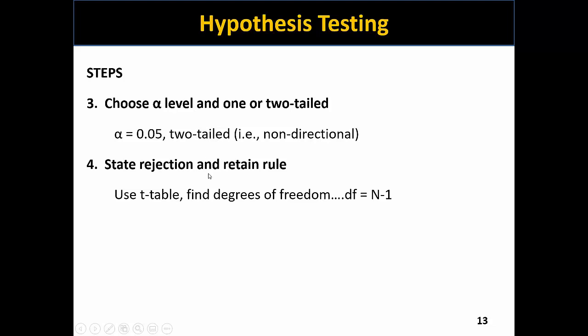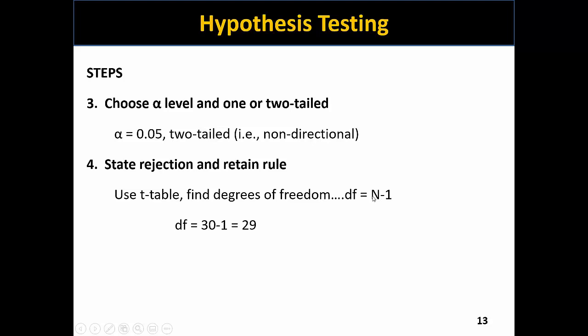Now this is a little bit different than the z-test. When we use a normal distribution, we now have to use a t-distribution that reflects sample size. So we use the t-table. We then find the degrees of freedom by using the equation of n minus 1.